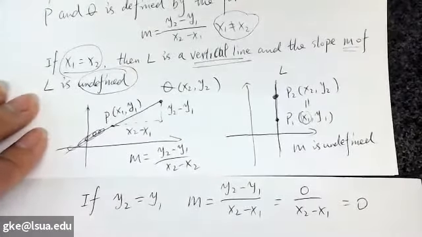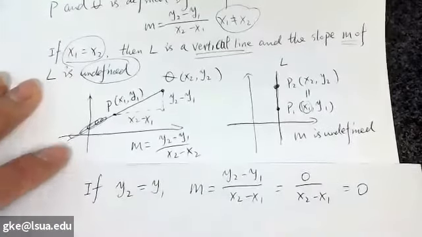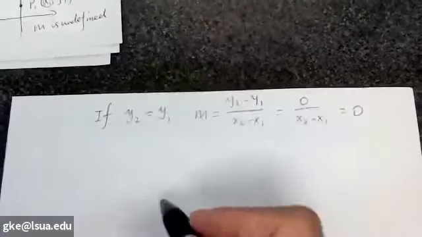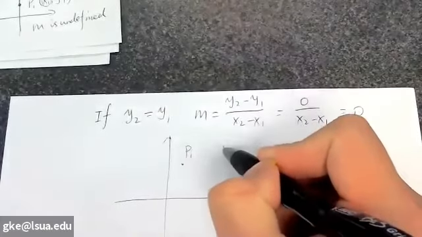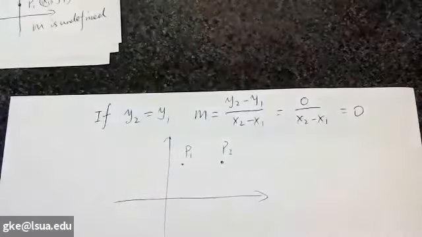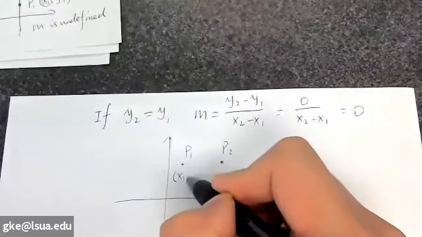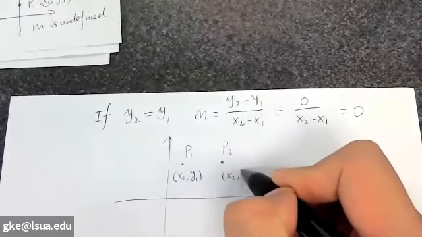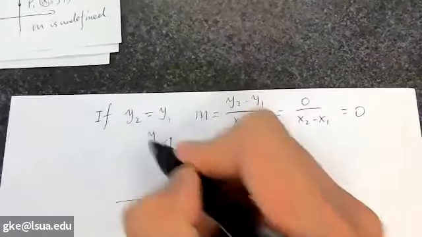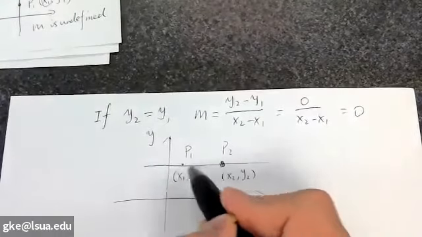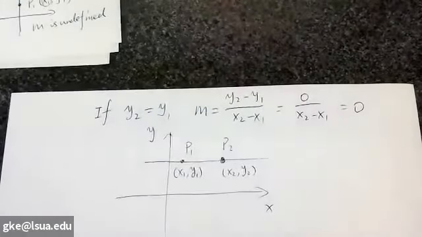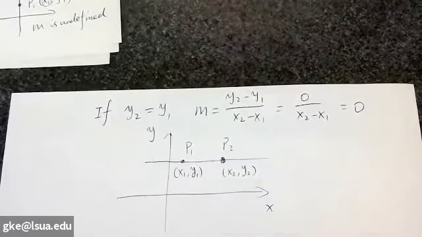And we can draw a picture for this case. P1 is (x1, y1) and P2 is (x2, y2). We connect these two, and because they have the same y value, that is a horizontal line.